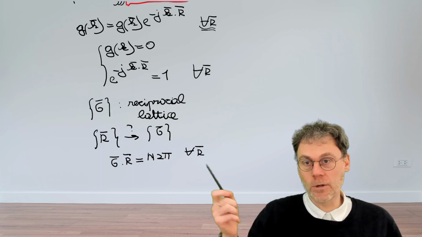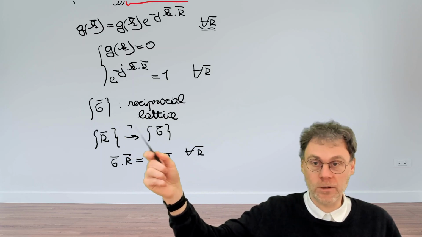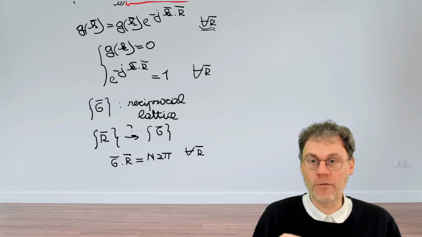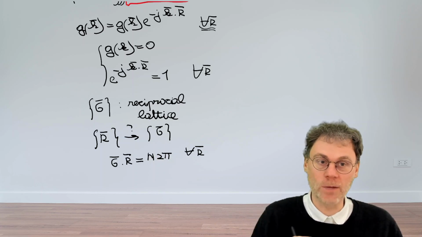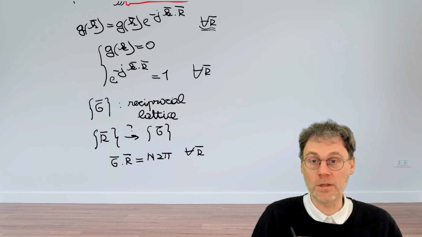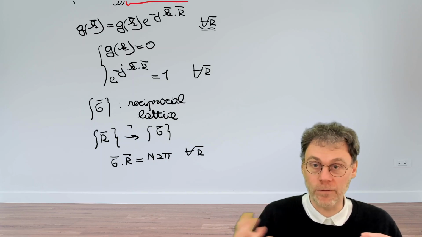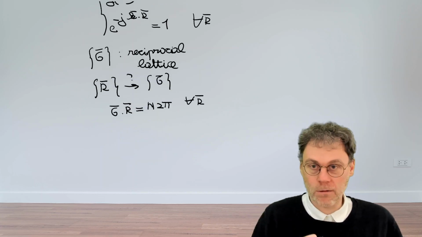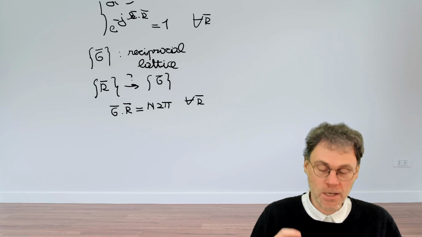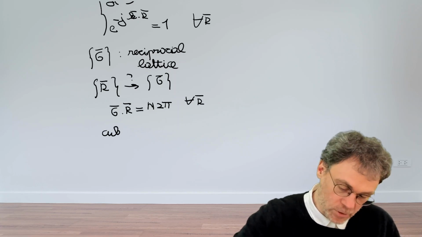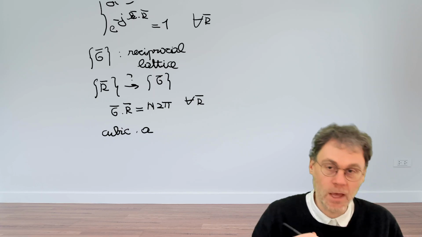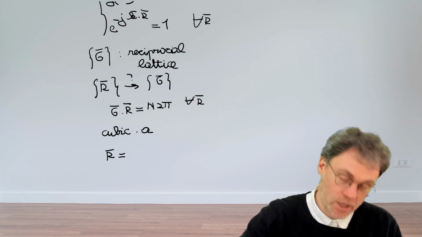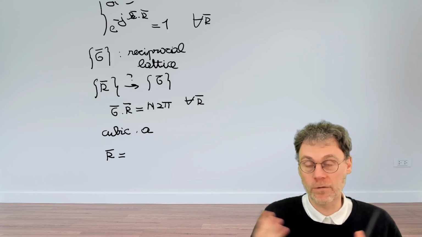It seems a bit complicated because we're dealing with an infinite family of vectors and an infinite family of reciprocal lattice vectors. So let's see if we can get a handle on this by simplifying things, making use of the primitive lattice vectors and the primitive reciprocal lattice vectors. As a quick exercise, pause the video and see if you can write down, for a simple cubic lattice with period A, a general expression of any lattice vector R as a function of the primitive lattice vectors.